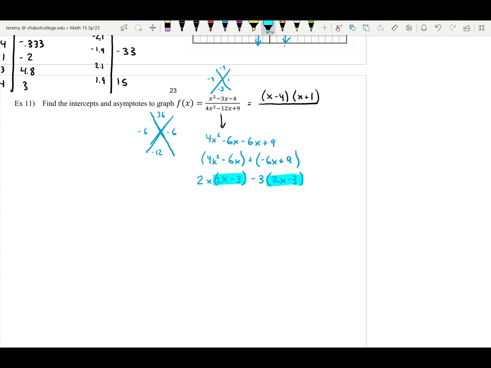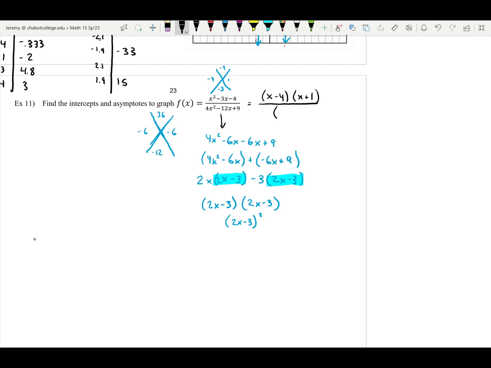Okay, so this is good. 2x minus 3, those are matching right there, so I can pull that out as a common factor. 2x minus 3 times 2x minus 3. We could even write this as 2x minus 3 squared.